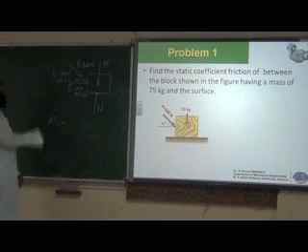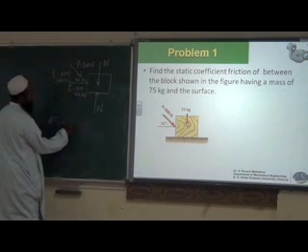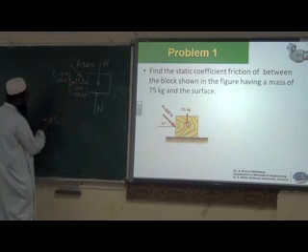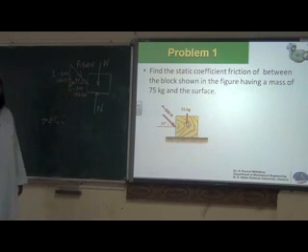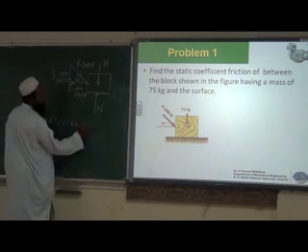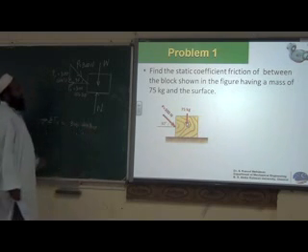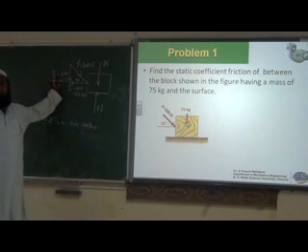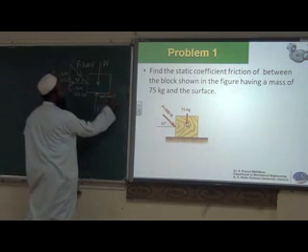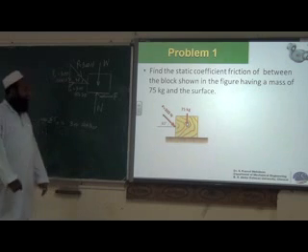Now we resolve the forces horizontally. We consider the horizontal forces, taking the rightward direction as positive. So you have 300, but one more force is missing. What is that? The frictional force is missing.